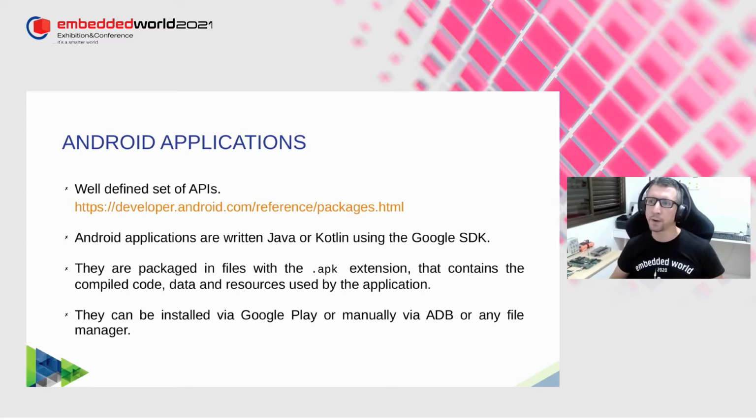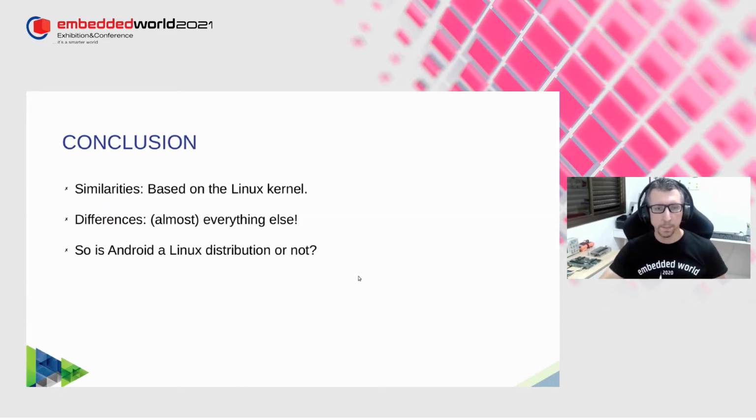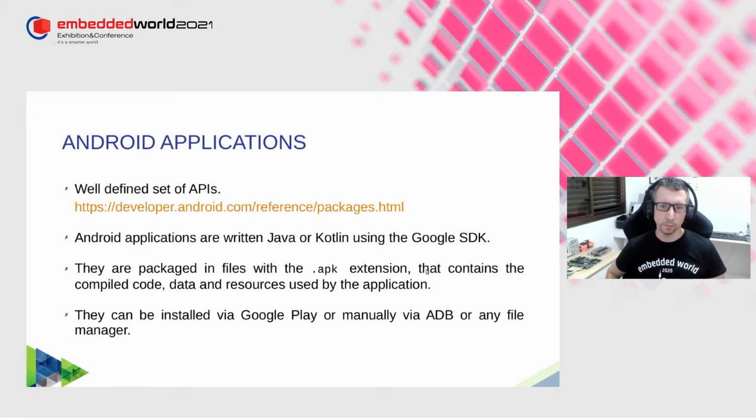It's basically a zip file with the components there. So that's also a little bit different from a Linux-based system, right? Of course, you could package your application with some package manager like Snap or Flatpak or anything else, but in Android, there is this specific format called APK.